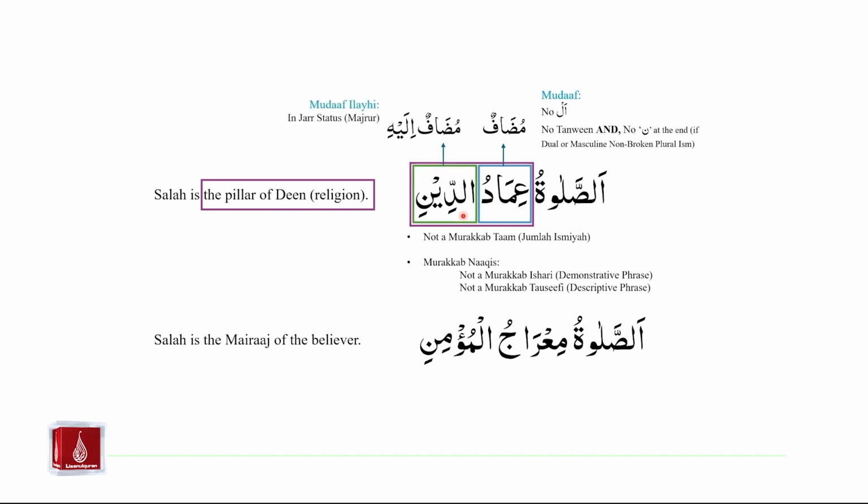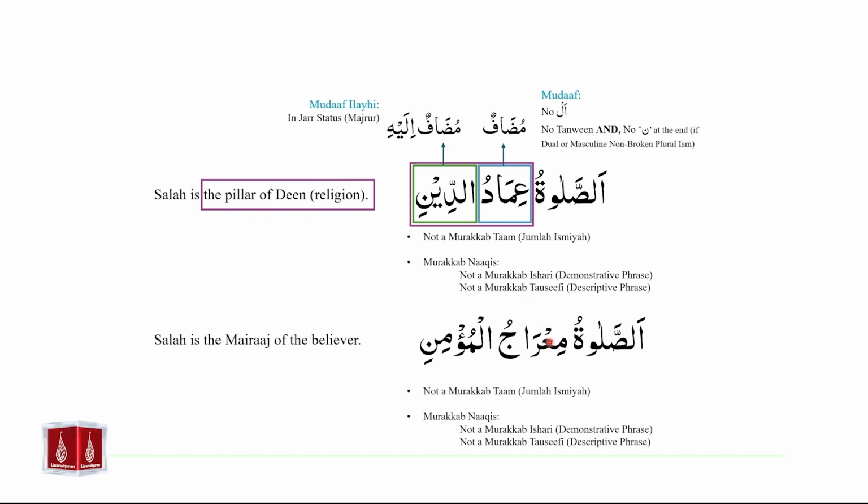We can see that ad-dini is in jar status. It is majroor. Imadu meets criteria for it to be mudaf. Ad-dini meets criteria for it to be mudaf ilayh. And imadud-dini is a murakkab izafi or a possessive phrase. And it can be translated to the pillar of deen.